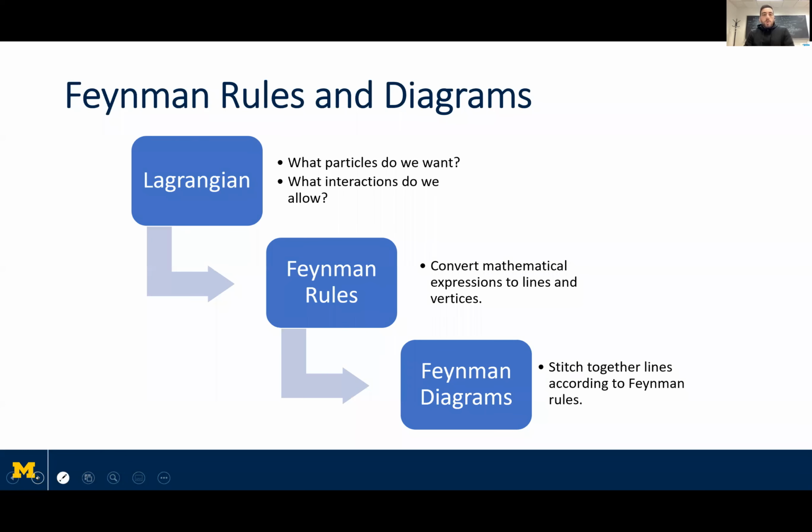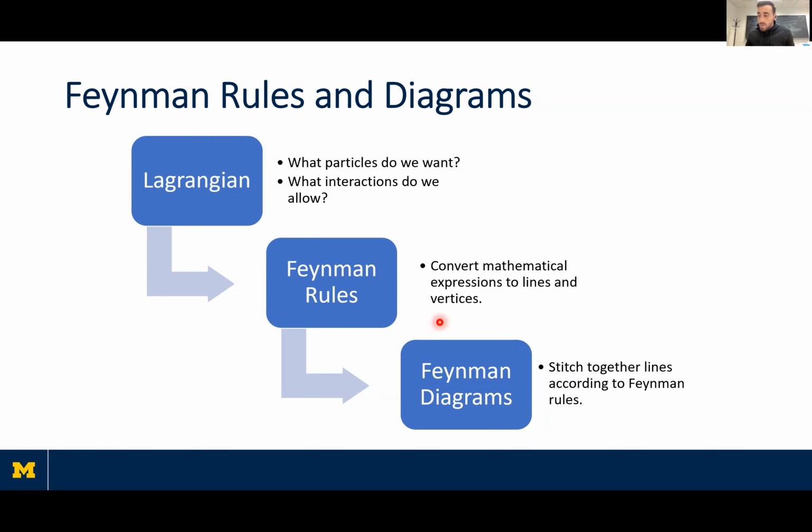So here's where I want to introduce Feynman rules and Feynman diagrams, because they are essentially the tools that we use to compute things in the standard model. So every quantum field theory starts out with a Lagrangian. And the Lagrangian is essentially telling you what particles I want in my theory, and it tells you what kind of interactions I will allow. From the Lagrangian, one can derive Feynman rules, and the Feynman rules are essentially ways of converting mathematical expressions into nice pictures using lines and vertices.